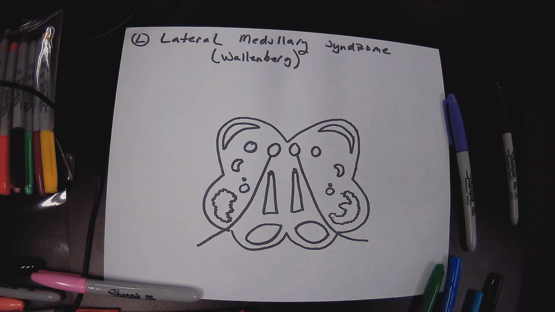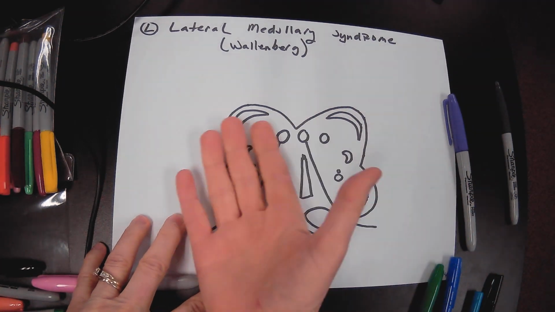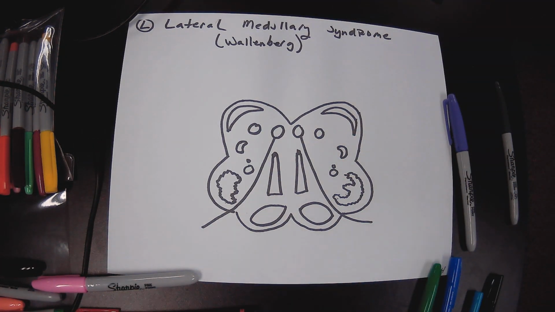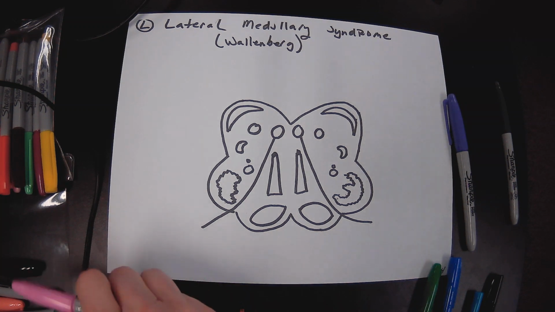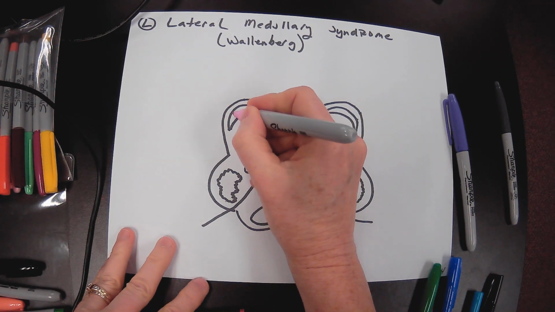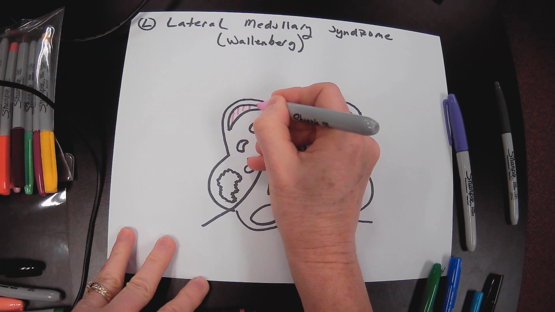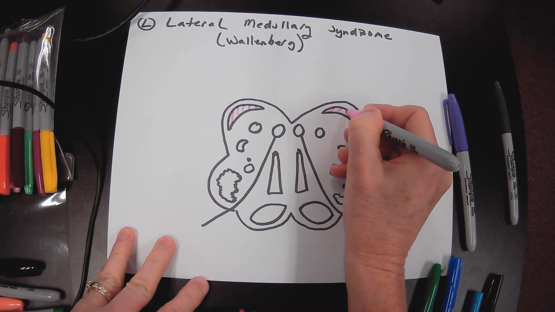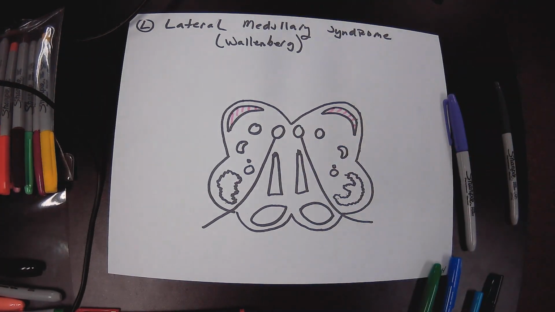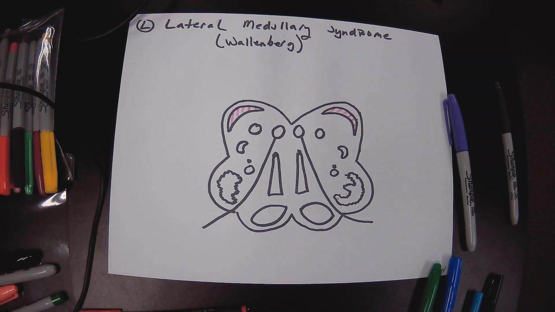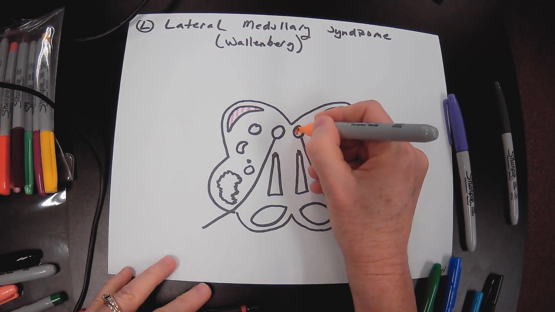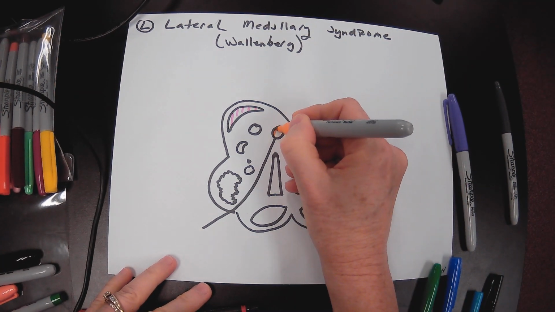Okay, so this is the same cross-section that we just looked at through the medulla. So all we're going to do is go through and label things again, just like we did before. So this is going to be your inferior cerebellar peduncle. Now here's your 12th cranial nerve.